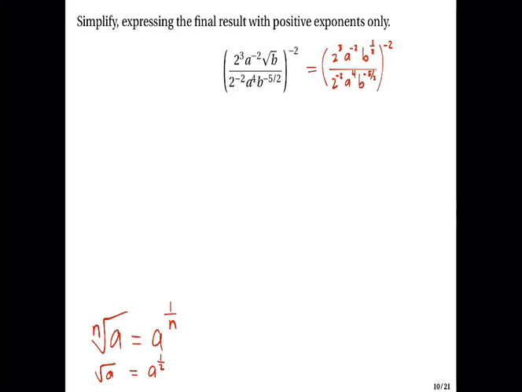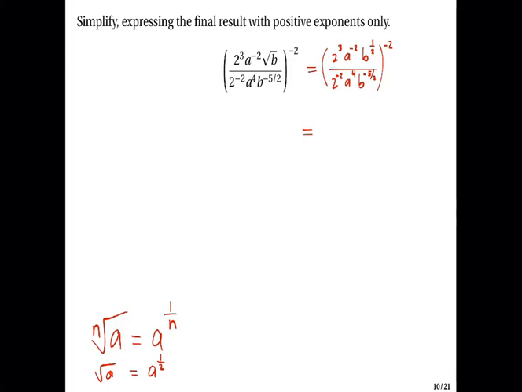What I'm saying is, for example, in the base 2, 2 cubed and then 2 raised to negative 2. 3 is bigger than negative 2, or negative 2 is smaller than 3. So we move 2 raised to negative 2 from the denominator to the numerator. And of course, when you move it, you change the sign of the exponent.